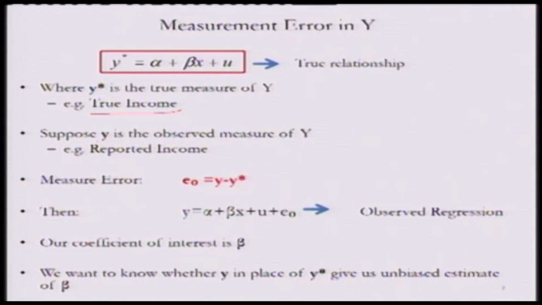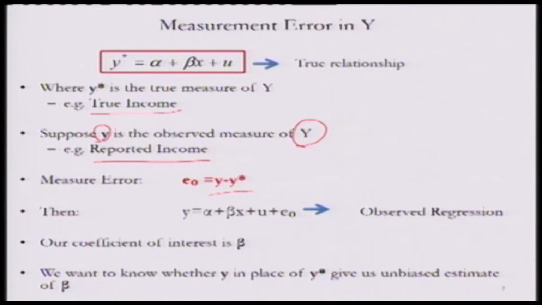So, suppose what you observe in data is this value y, which is the observed value of the true variable y star, and this is the reported income. What we mean by measurement error is the difference between the true value and the observed value, which is suppose given by y minus y star.